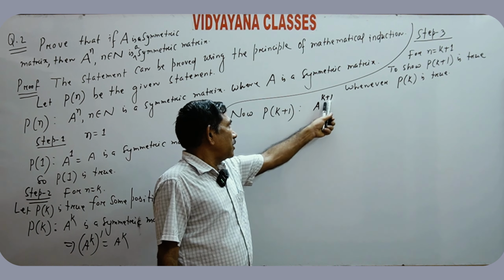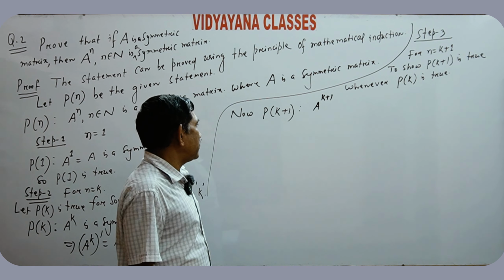Now to show A to the k plus 1 is a symmetric matrix.